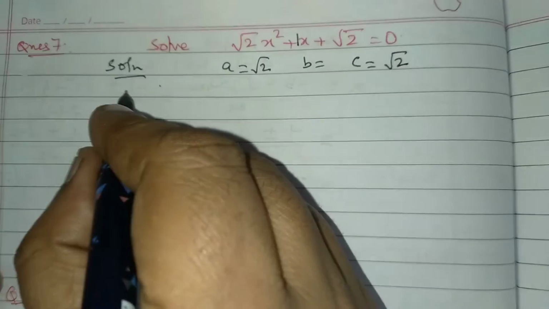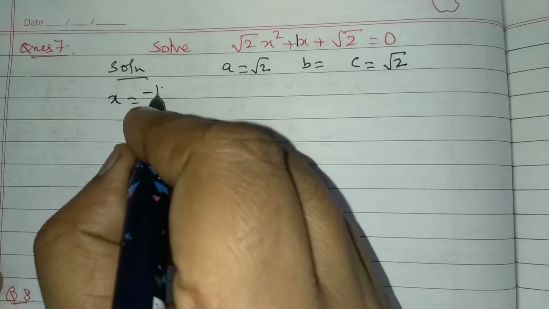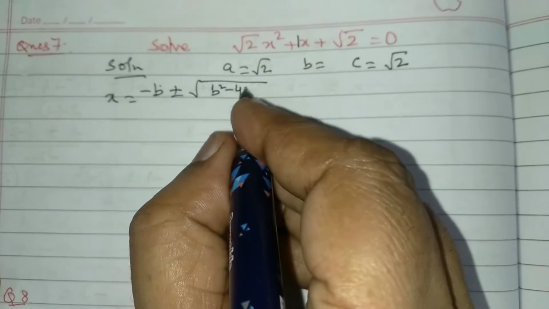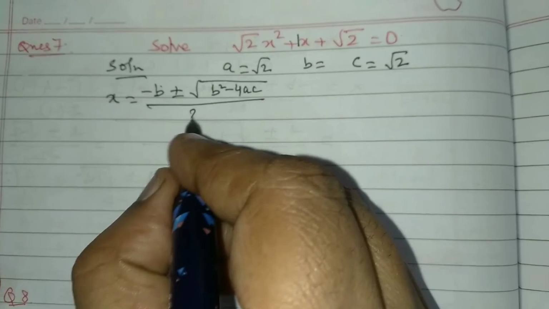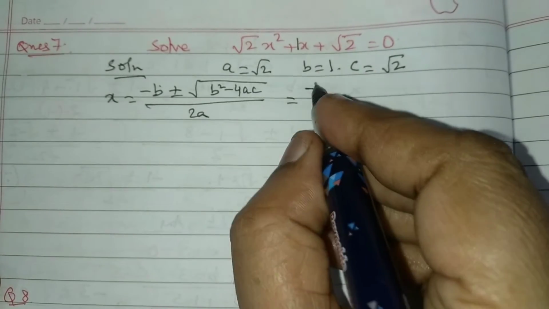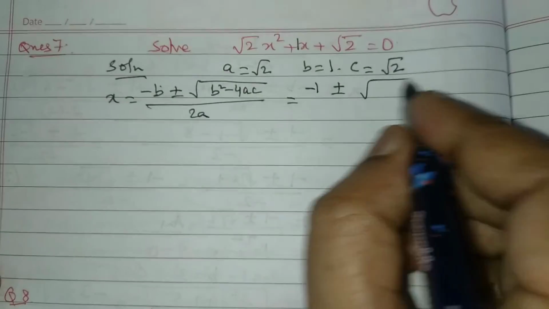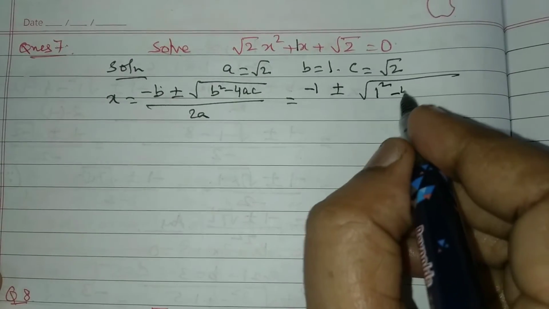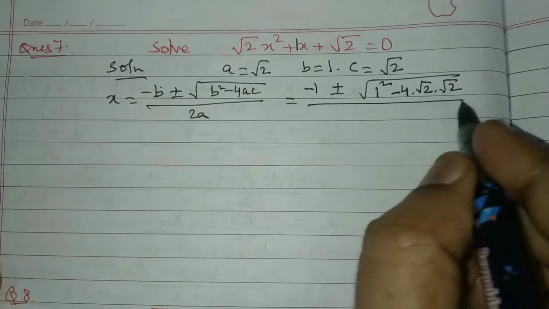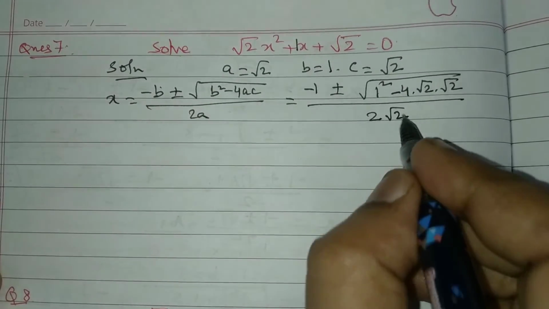So therefore x is equal to minus b plus minus root under b square minus 4ac by 2a, so minus 1 plus minus root under 1 square minus 4ac, root 2 and divided by 2a, 2 root 2.